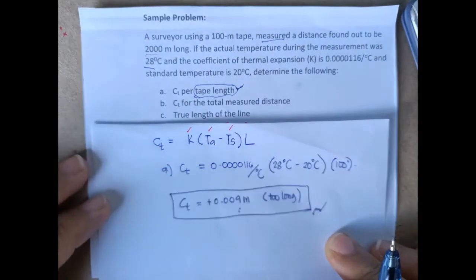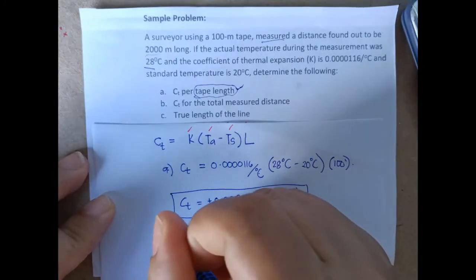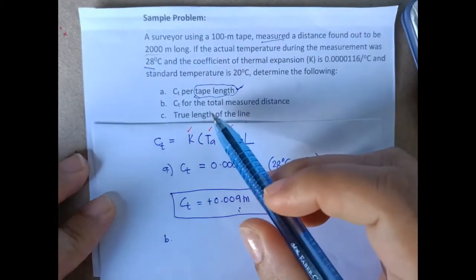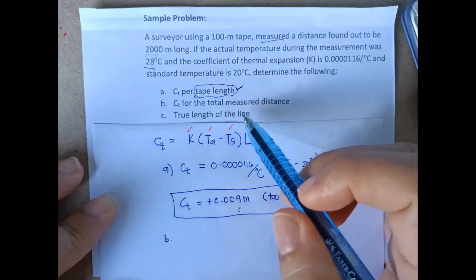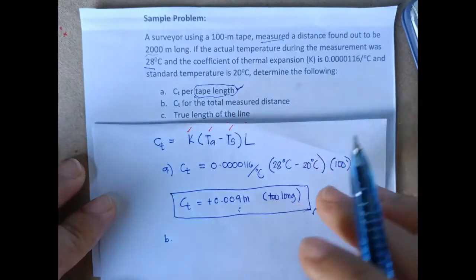The other problem is the correction of the total measured distance.